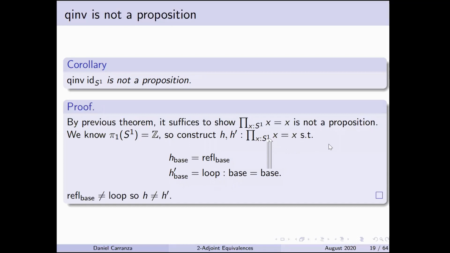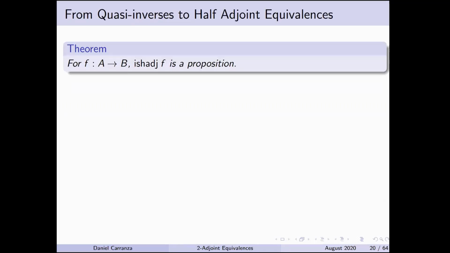Since we know that refl base is not equal to loop, we know that these two functions can't be equal to each other, which means that this type is not a proposition. And so this proof illuminates why the half-adjoint equivalence fixes this type.